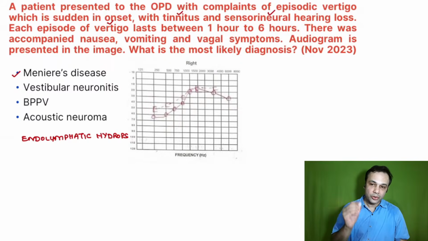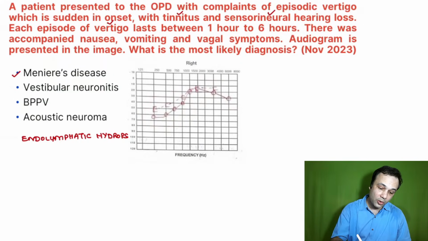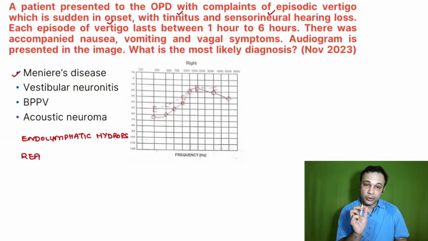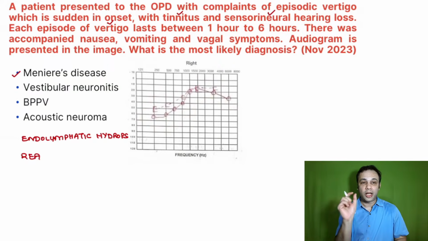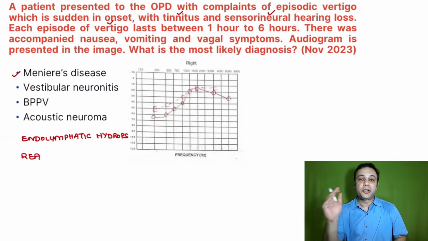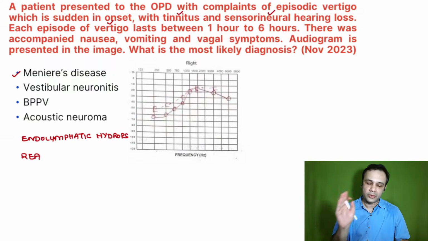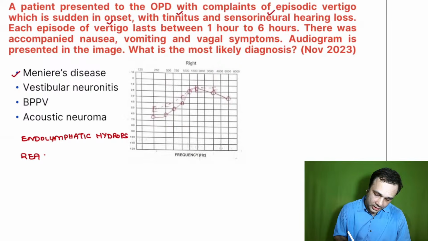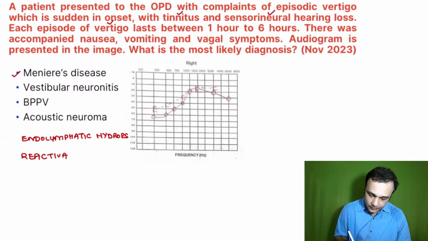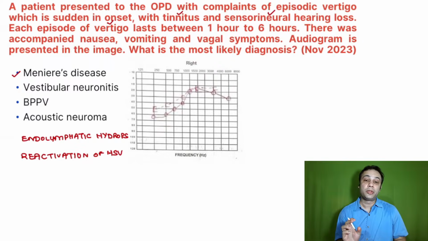Anybody? So there is reactivation of herpes simplex virus. Okay. So if you look at vestibular neuronitis, fever, upper respiratory tract infection, then the patient comes to you with severe vertigo, which lasts for more than a day. That is vestibular neuronitis. So there is reactivation of HSV in the vestibular ganglion.